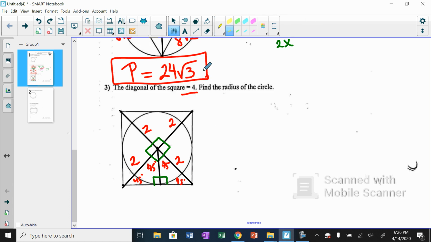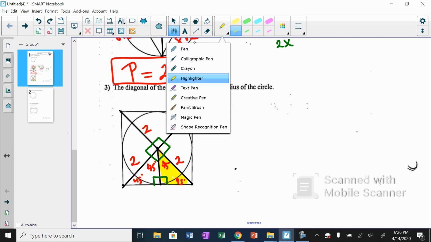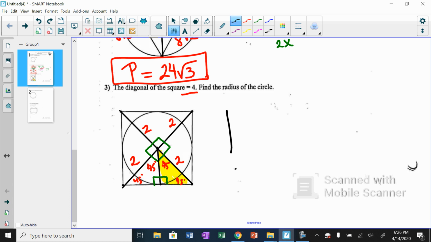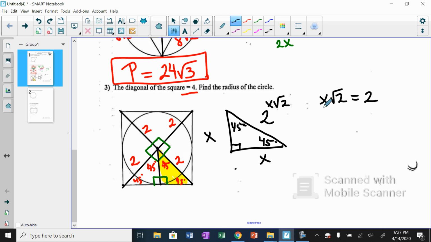I'm going to take one of these triangles, I'll take this one right here, and I'm going to redraw it. So I know the hypotenuse is 2. I know I have a 45, 45, 90. I know opposite the 45s are x. I know opposite the 90 is x root 2. So my equation is x root 2 is equal to 2.